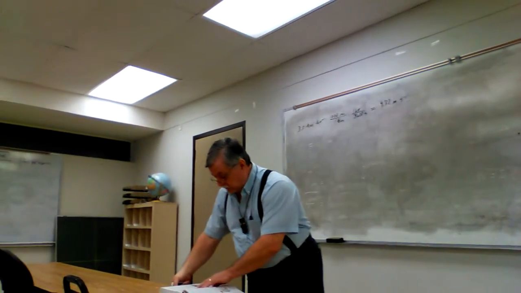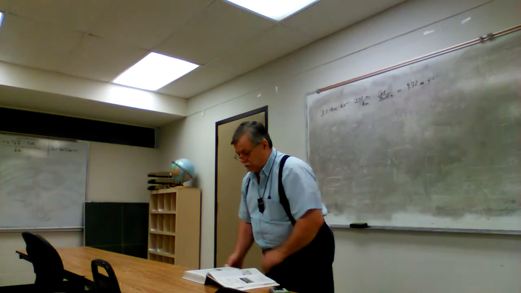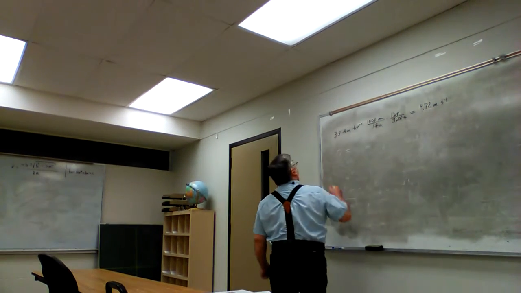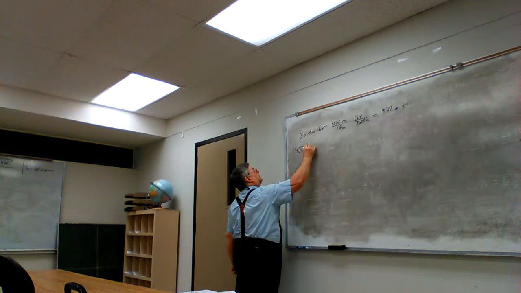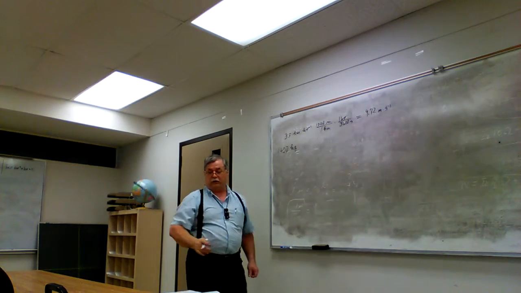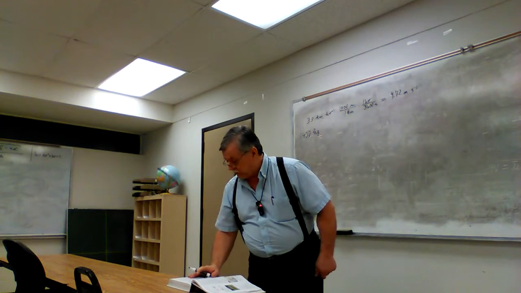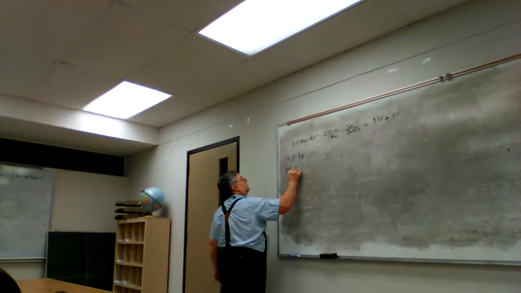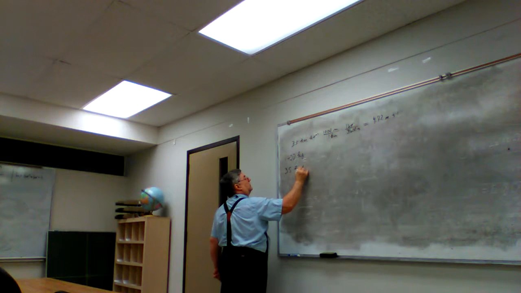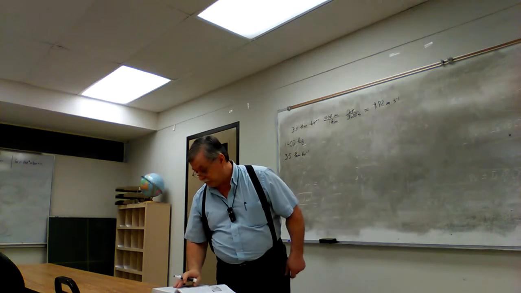Now let's look at the numbers we're given. We're given 1,400 kilograms, the mass of the car. We're given 35 kilometers per hour, the velocity, the speed of the car.